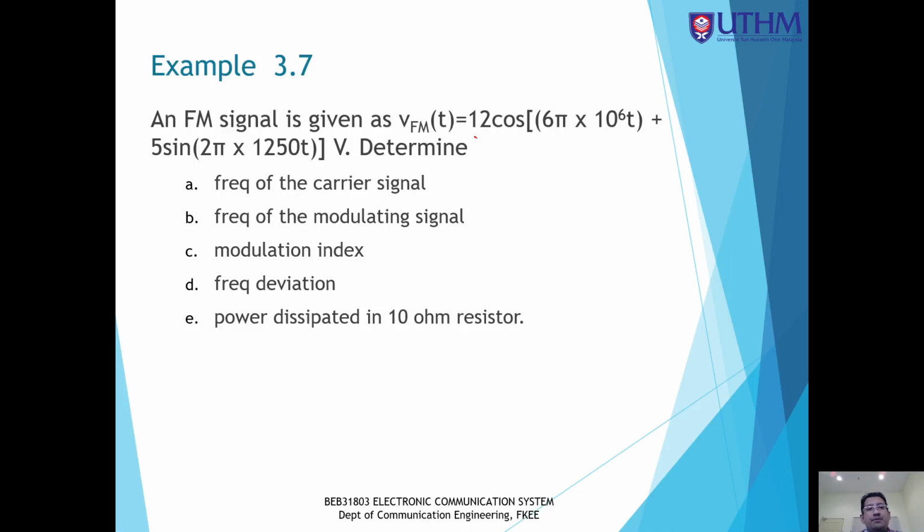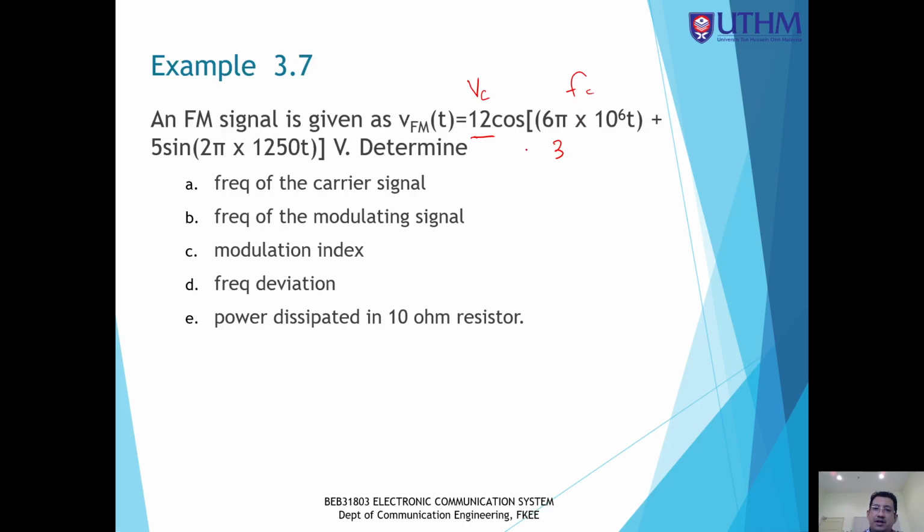Okay, so from this question, I would suggest you extract all the given information. For example, from this equation, I know that this is actually equal to Vc. And from here, I know that this is 2 pi fc t. So this is the fc.